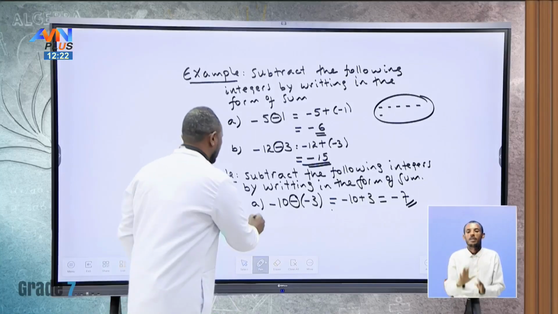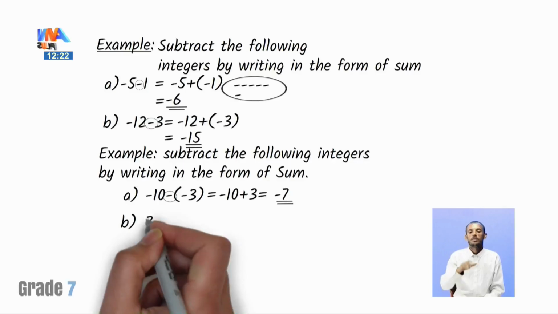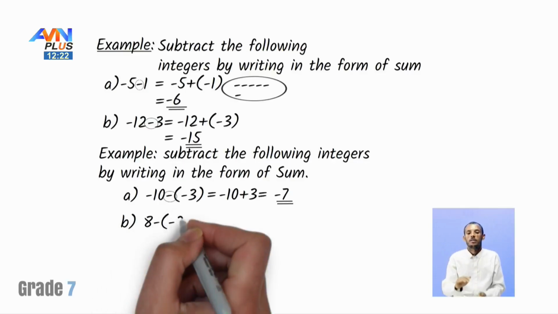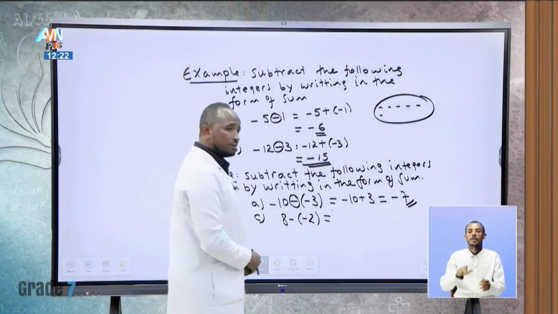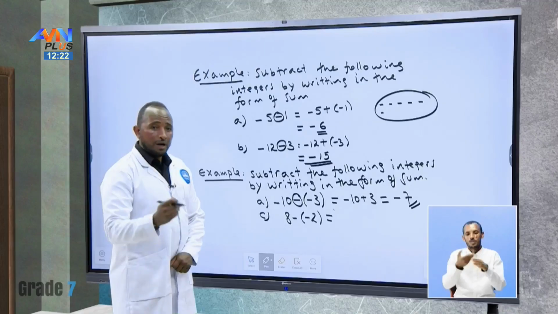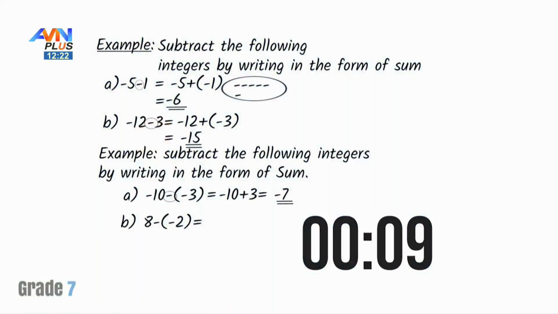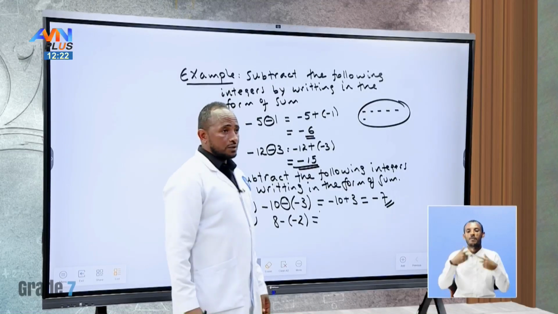Let's proceed to the other example. Try this one: 8 minus negative 2. Please, students, try this question. I'll give you 10 seconds for this. Students, have you tried the question?